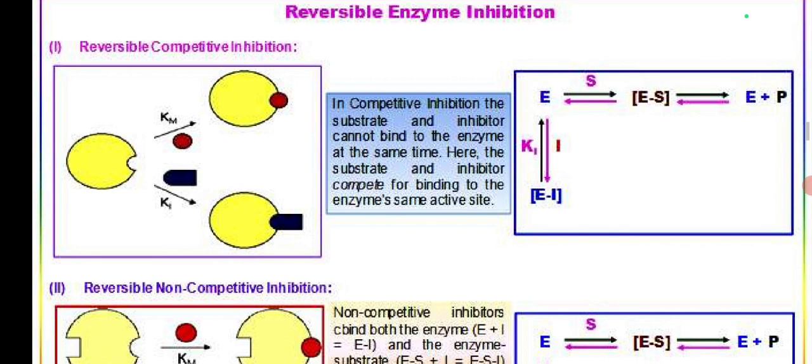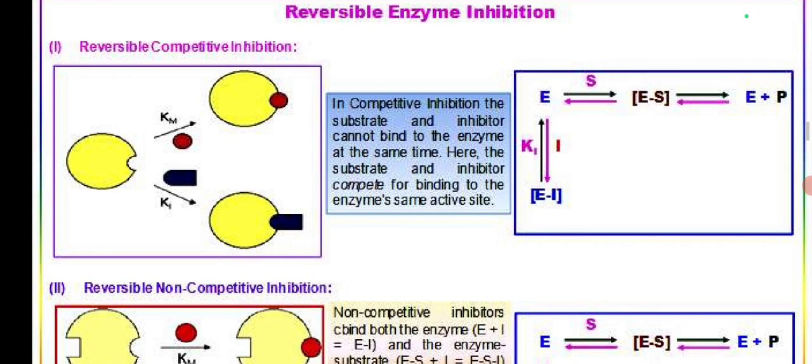Here the substrate and inhibitor compete for binding to the enzyme's same active site. In the reaction, enzyme plus substrate forms the enzyme substrate complex, and finally we get enzyme plus product. Otherwise, if the inhibitor binds to the enzyme, an enzyme inhibitor complex is formed. Here no reaction takes place.